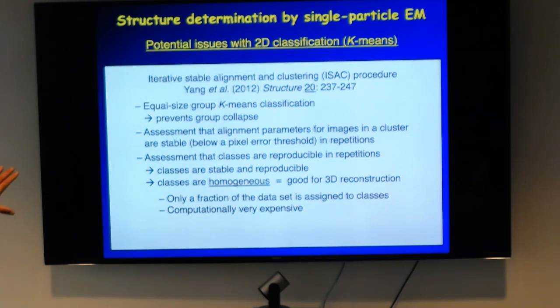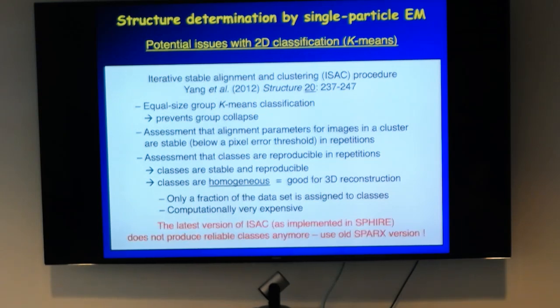I really love ISAC, especially if you do negative staining. You can get a lot of information out of this. The problem is ISAC these days sucks. ISAC is now implemented in SPHIRE, this program, and the ISAC that has been implemented in SPHIRE doesn't do what it should. If you run ISAC in SPHIRE, almost all the particles are assigned to classes and the classes are very blurry and clearly not homogeneous.